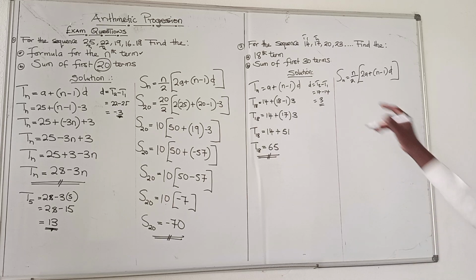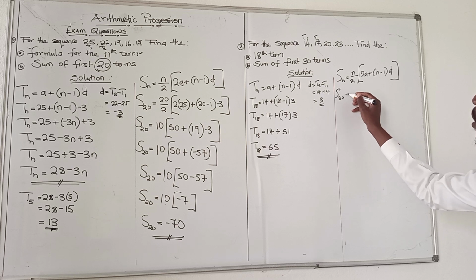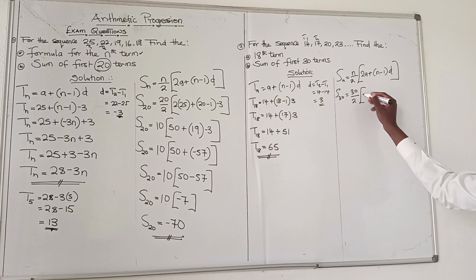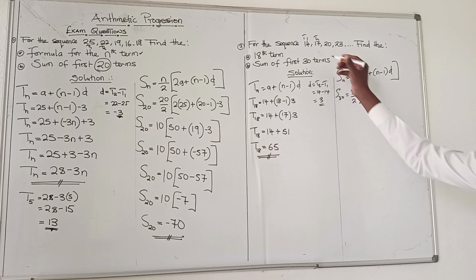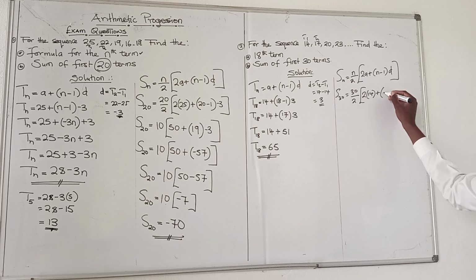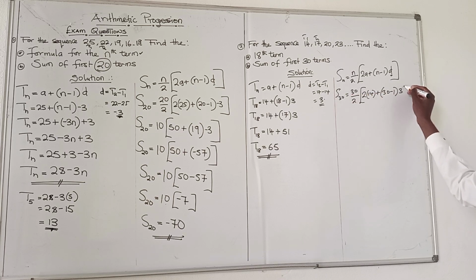Where there's n, we are putting 30. Where there's a, we are putting 14, which is the first term, plus, where there's n, it's 30 minus 1. Where there's d, the common difference is 3, like that.